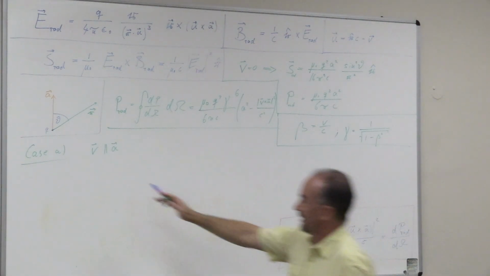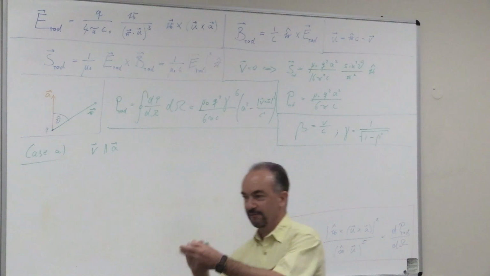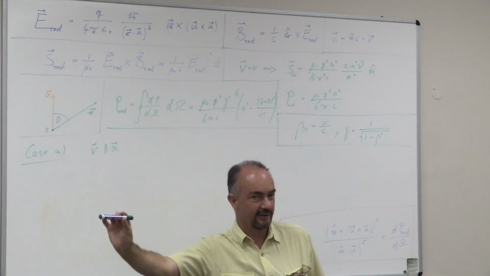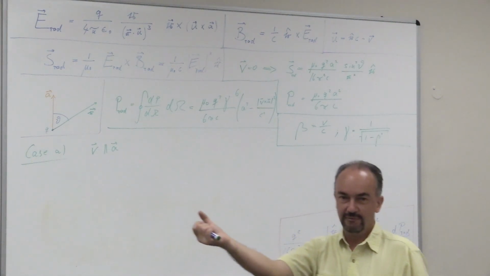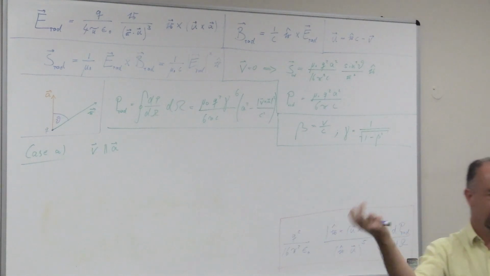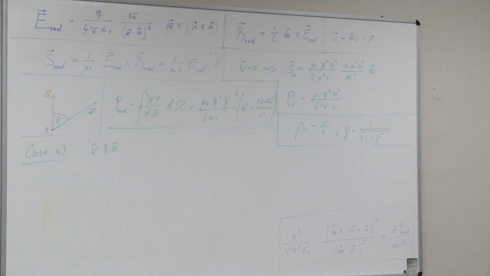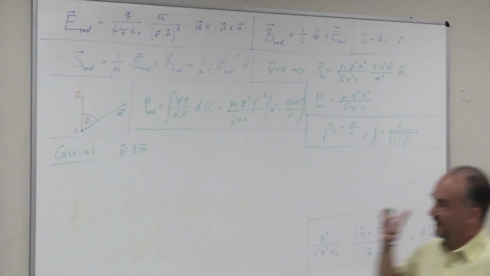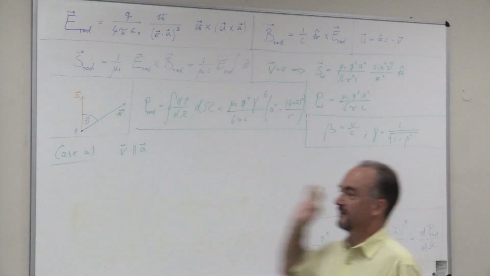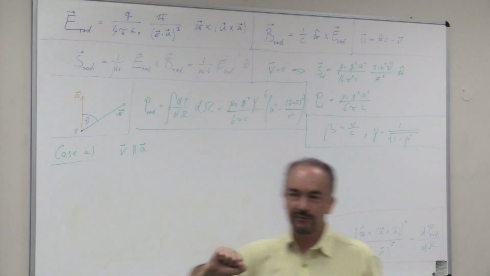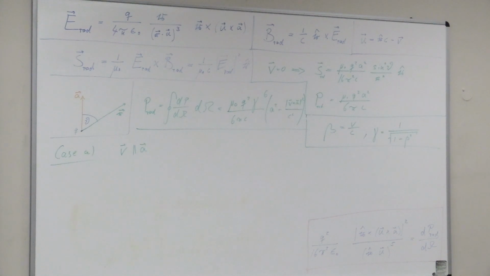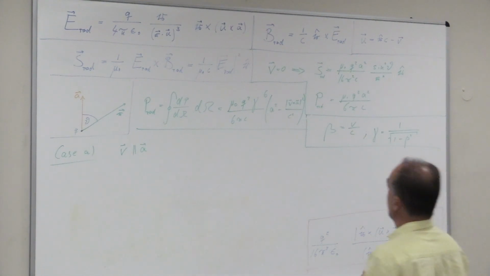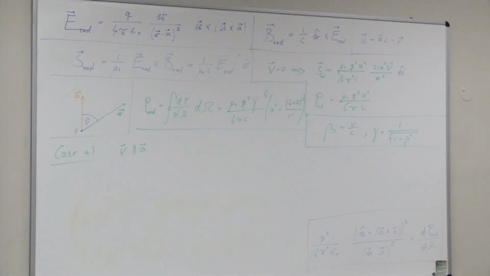Actually, the more relevant case is if something is just essentially stopped. That gives radiation, right? It's an accelerated motion, it's a negative acceleration. So what we're calculating now is essentially what one calls braking radiation, the radiation that is caused if the charge is moving fast and then is decelerated through something. Okay, so what do we get if v is parallel to a?